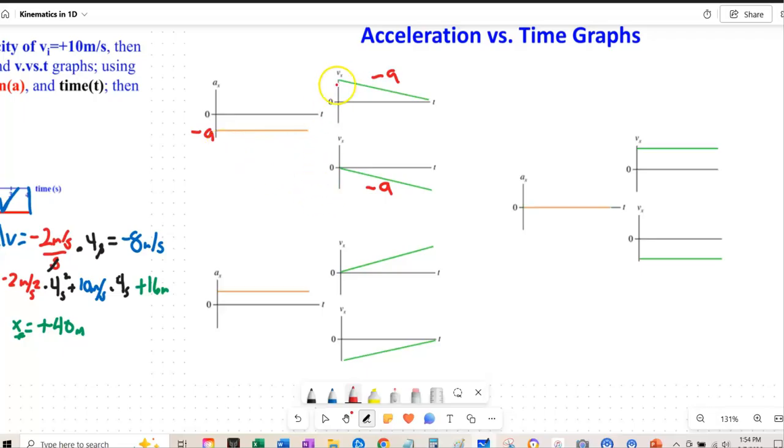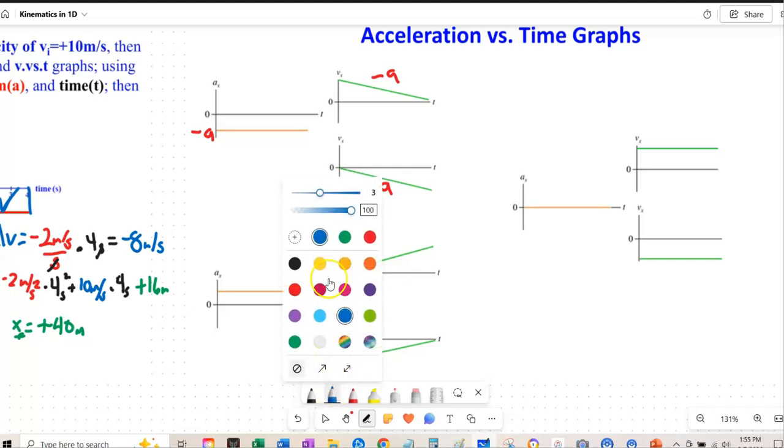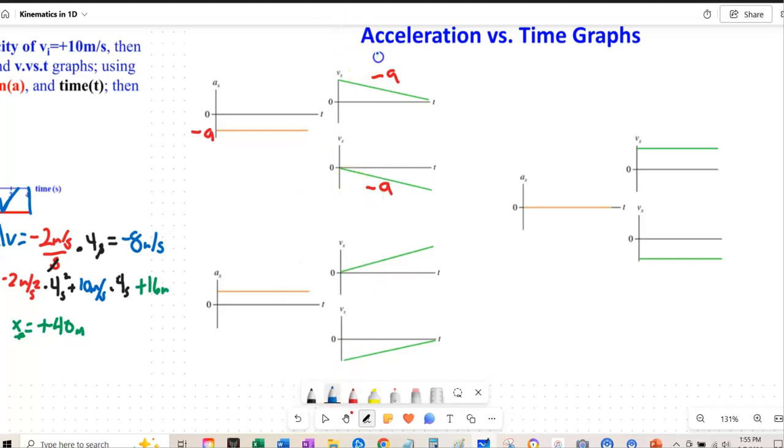Now, obviously, this is a positive velocity here. This is a positive velocity. And this is a negative velocity, since all those green data points are below that. So this would be speeding up and this would be slowing down. So that acceleration versus time graph doesn't tell you what your velocity is. It just tells you that you have an acceleration vector pointed to the left.